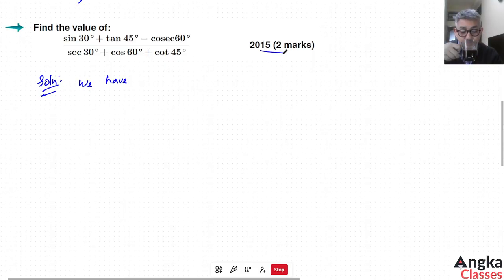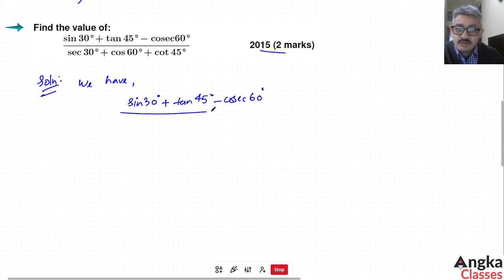This was a 2 marks question in 2015. So the answer: sin 30 degree plus tan 45 degree minus cosec 60 degree, divided by sec 30 degree plus cos 60 degree plus cot 45 degree.